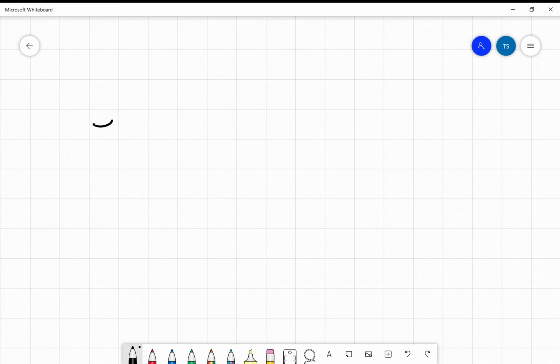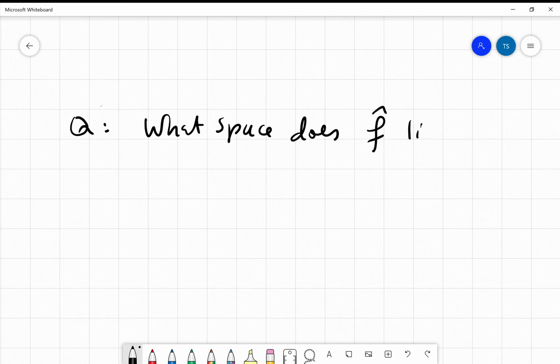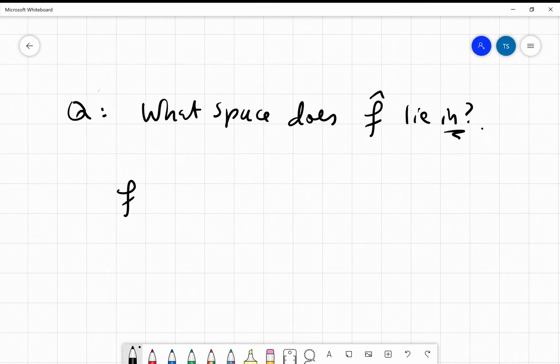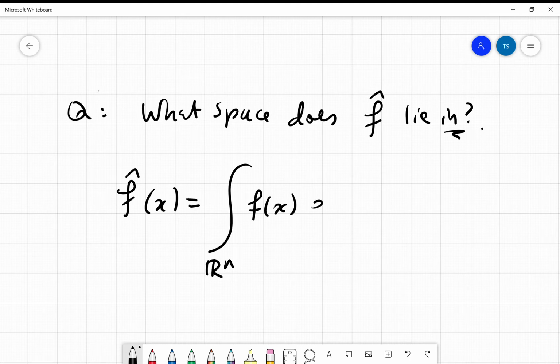So the ultimate question we want to ask is what space does f hat lie in? Now, immediately, just from the definition, we can see that it is going to at least be bounded.